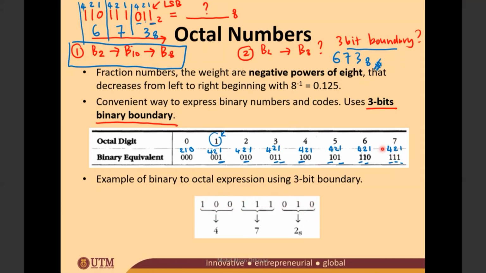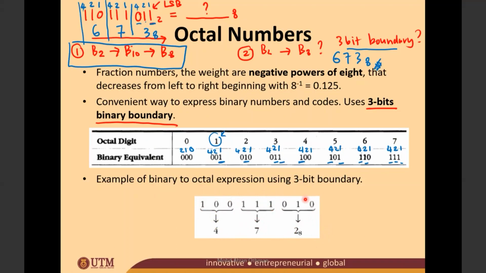Okay, dengan darab dengan dia punya pemberat. So yang ni 1, 2, 4. So that's why you get 2. 1, 2, 4, 4 tambah 2 tambah 1. So that's why sama dengan 7. 1, 2, 4, only 4 ada 1. So that's why dia 4, 7, 2. So, okay. Any question?